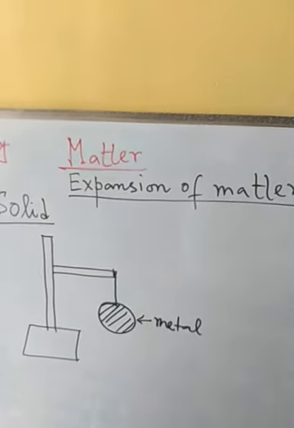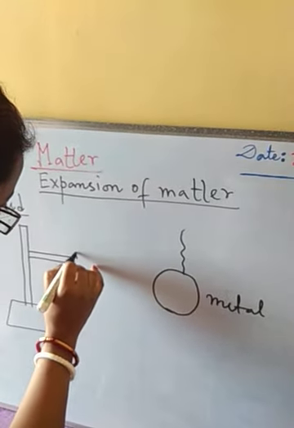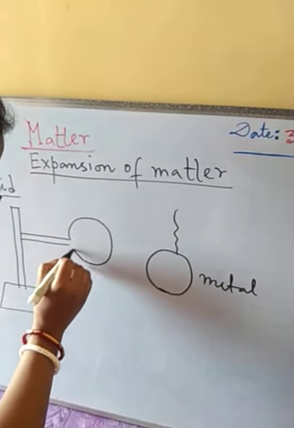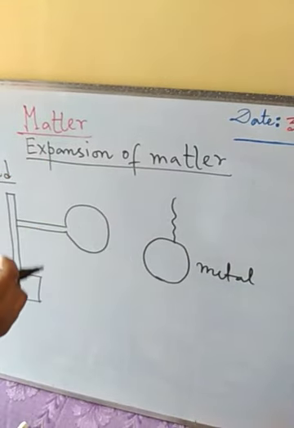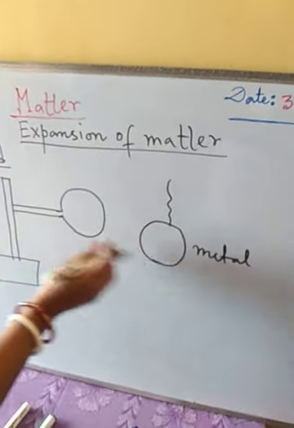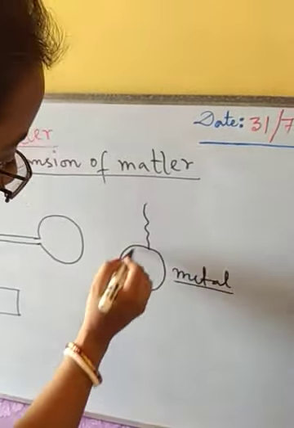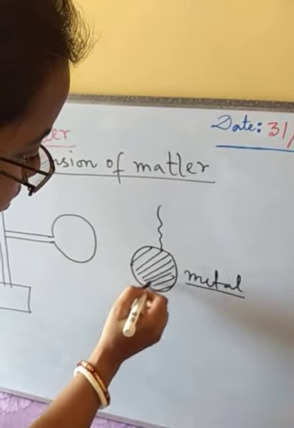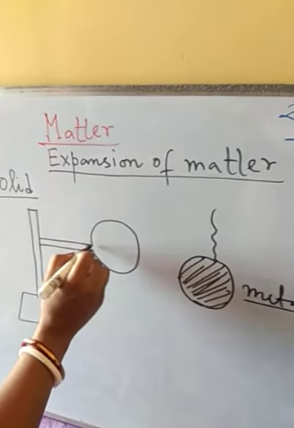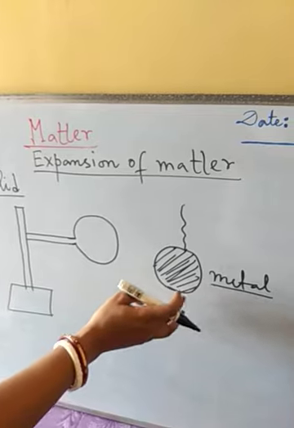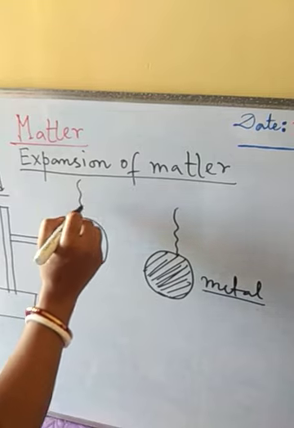In the clamp there is this kind of ring, through which we can pass any ball or this kind of matter. Now here we are taking a metallic sphere, made up of iron or any other metal. At first, before heating this sphere, we will be passing it through this hole.